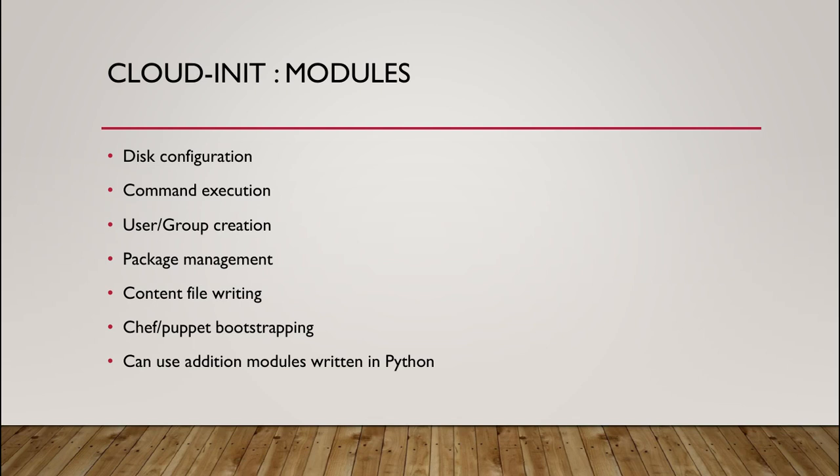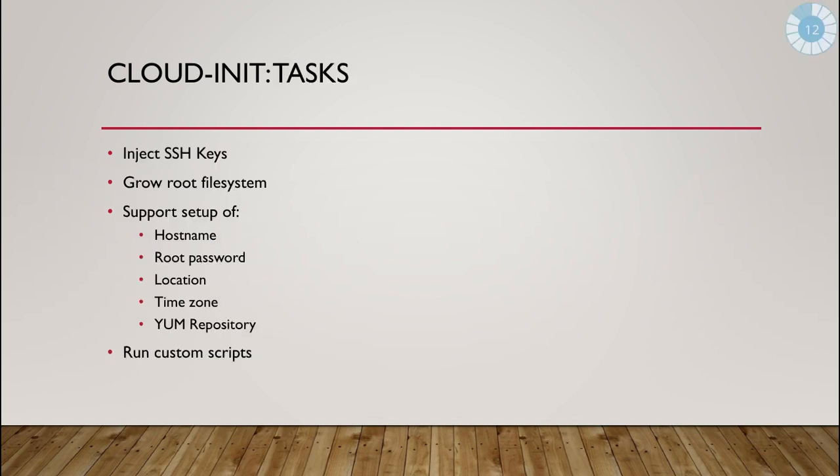Or suppose you want to execute some command while booting up that instance; you can do the same via cloud-init. Similarly, if you want to create a default user or group in your instance every time it boots up, you can do that with cloud-init. So cloud-init has these kinds of modules to configure your instance as per your requirement, and you can also write your own additional modules in Python and use them with cloud-init.